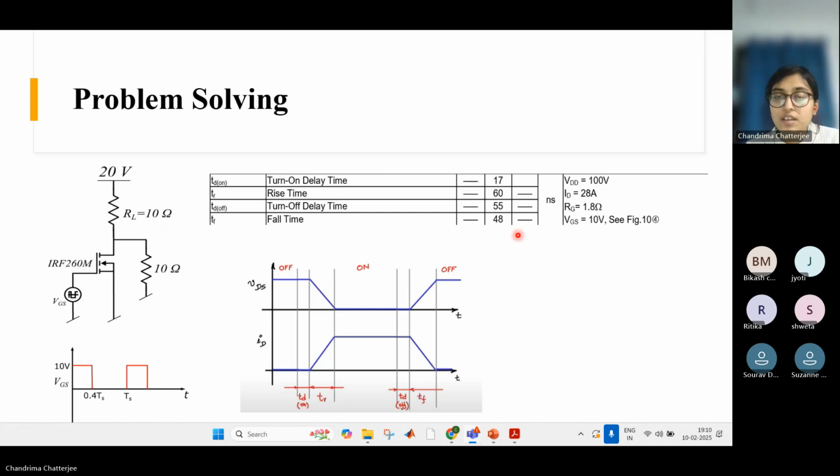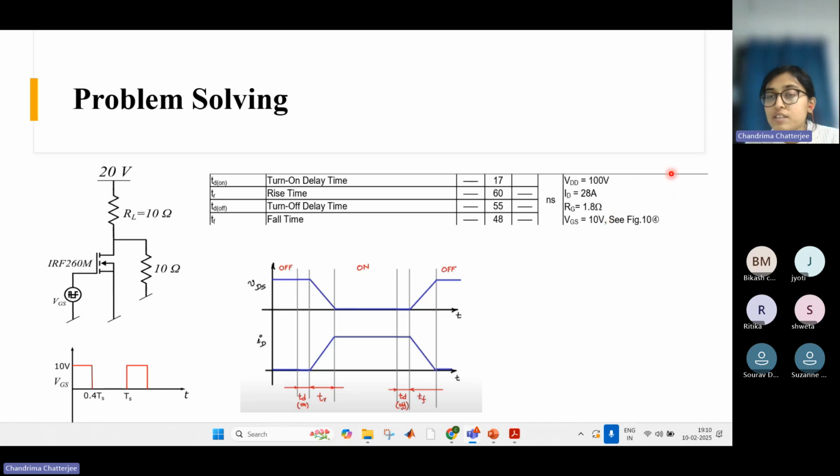Okay. And in the datasheet, you will see that all this data is given for a particular VDD, a particular drain voltage of 100 volt, ID of 28 ampere, RG, which is the gate resistance, and VGS of 10 volt.